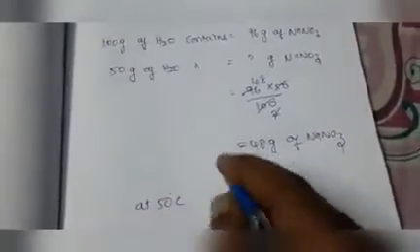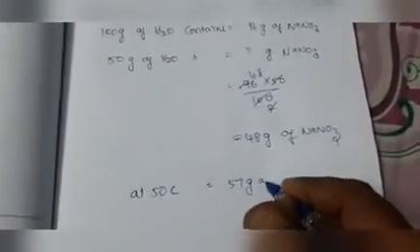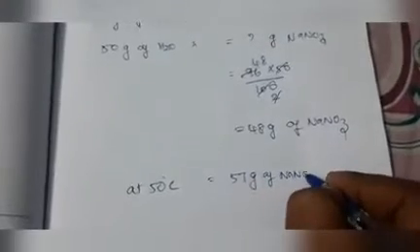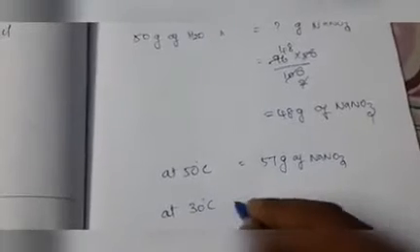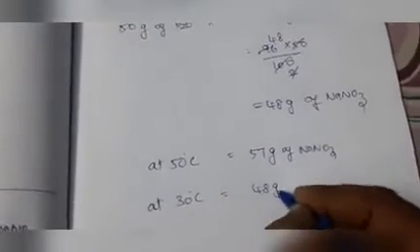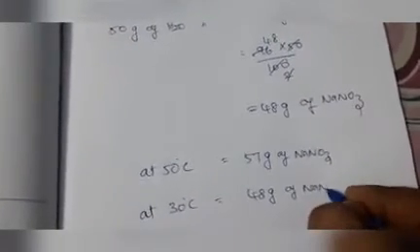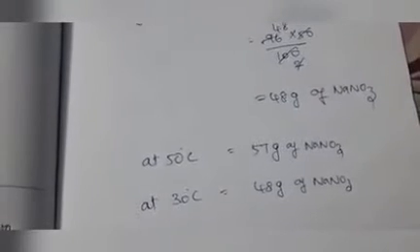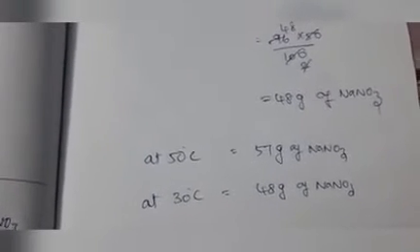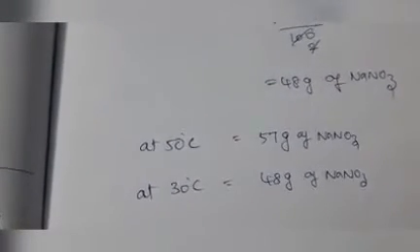So at 50 degrees Celsius, 57 grams of NaNO3 is present in 50 grams of water. At 30 degrees Celsius, 48 grams of NaNO3 is present in 50 grams of water.